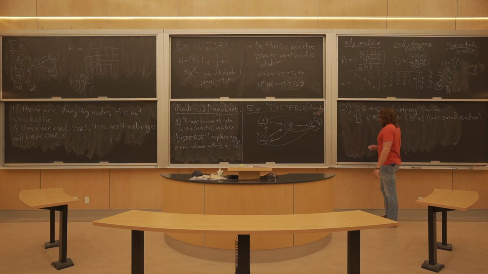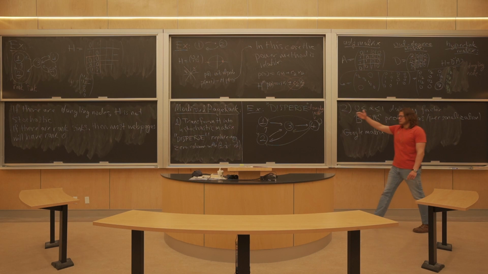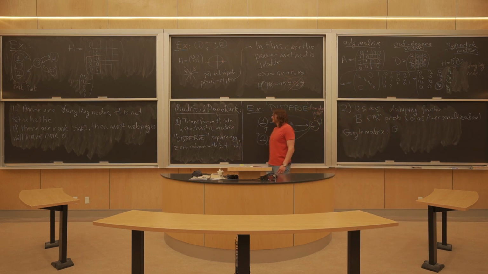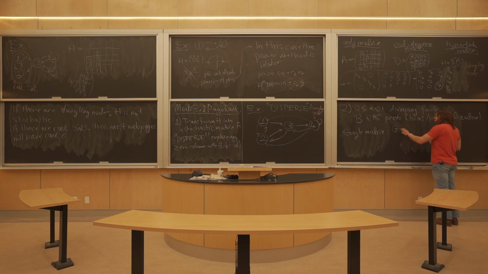Now I define this Google matrix to be G, which is a linear interpolation between the processed hyperlink matrix, let me call it H hat, and a rank 1 matrix that I obtained from this personalization vector.